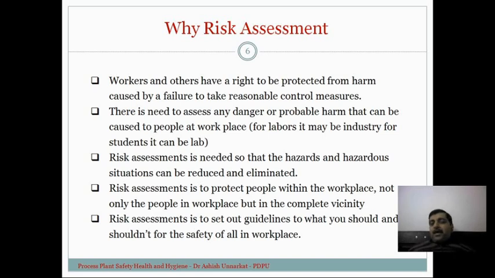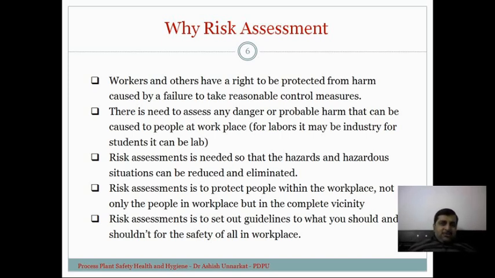So we need to assess this risk and probable harm that can be caused not only to a person or employees of the industry but also to any labor working there on contract. When you are working in a lab, that also becomes a need for risk assessment for the safety of students.